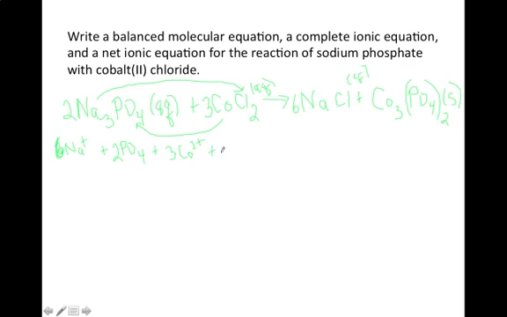We have 6 chlorides, yields 6 sodiums plus 6 chlorides plus 3 cobalt phosphates. Oh, my bad. We can't plus, well, it's going to be 3 cobalt phosphates.